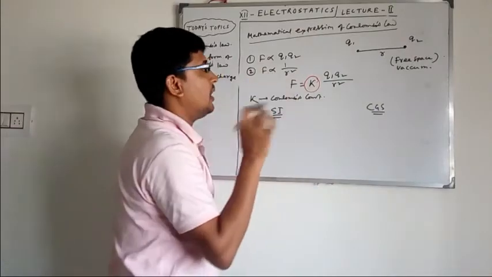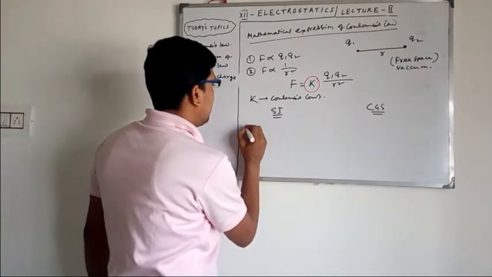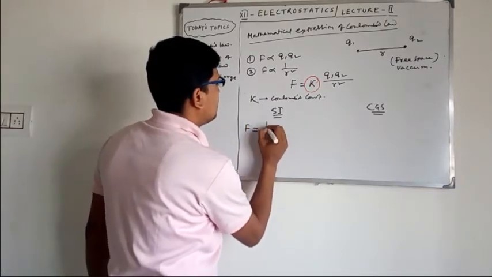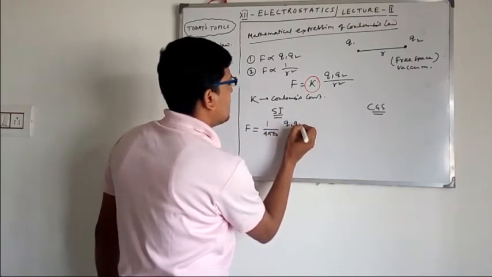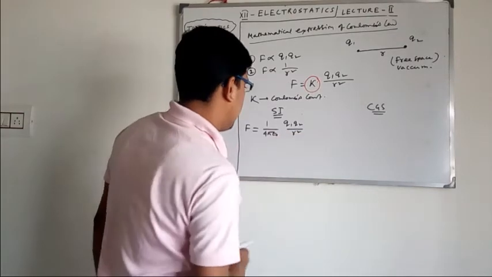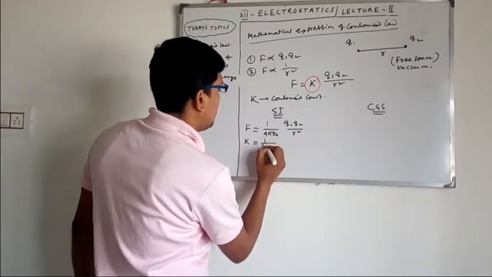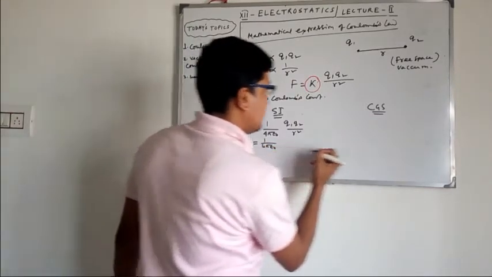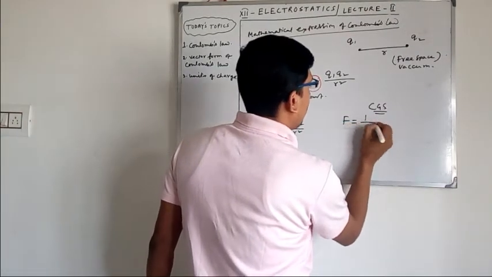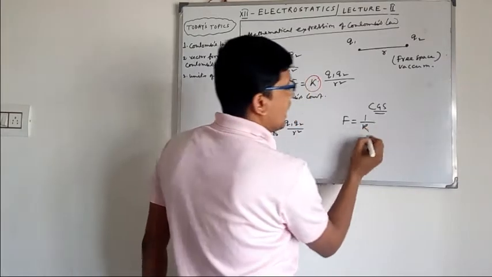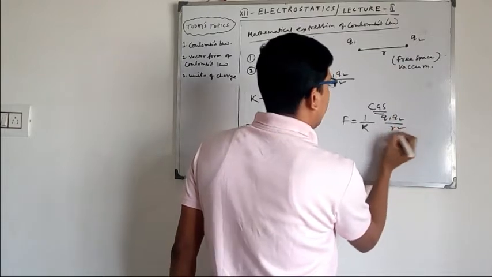So this is the mathematical expression of Coulomb's law. In SI system, the value of the force is 1 by 4 pi epsilon 0 Q1 Q2 upon R square, where K, the Coulomb constant, is equal to 1 by 4 pi epsilon 0, and in CGS system F is written as 1 by small k Q1 Q2 upon R square.